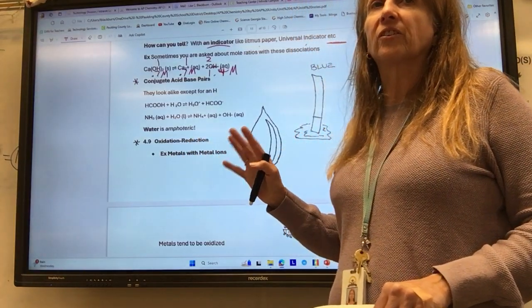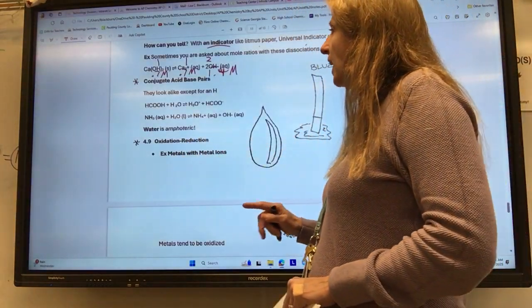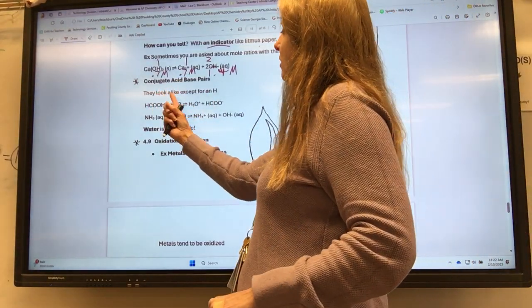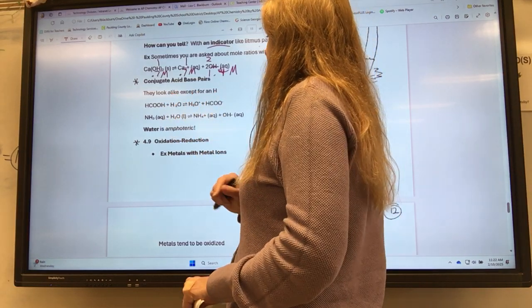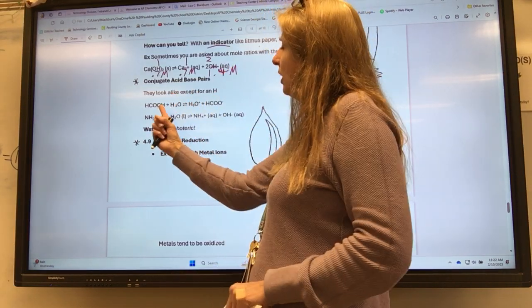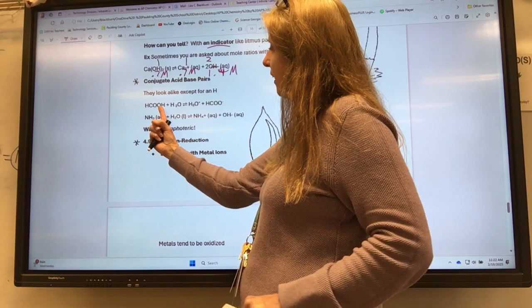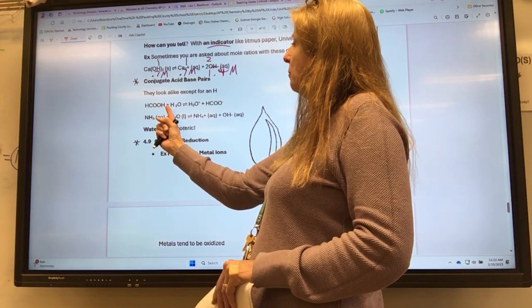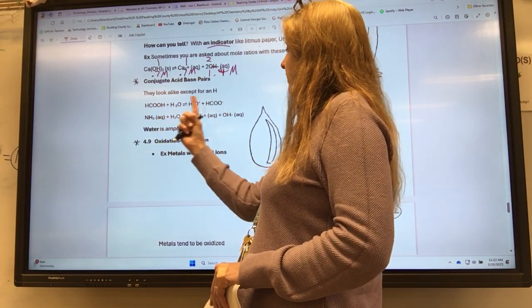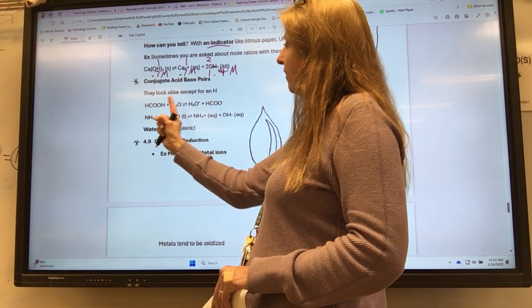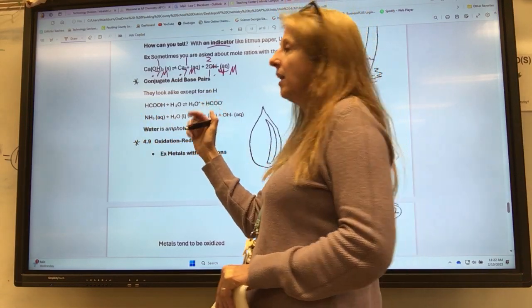So this is sort of just an identification thing. And how you find them is they look alike except for an H. So here we have this acid, it's an organic acid, it's going COOH, and it loses its H. Do you see that? They look alike except for the H. Everybody see that? So they're a pair.